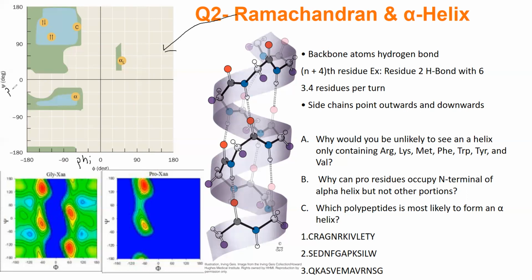On the y-axis, we have our psi dihedrals. And when you look at proteins in general, you'll see some correlation. This is a very simplified Ramachandran. But a Ramachandran plot tells you, based on your combination of phi and psi, what secondary structure are you in?